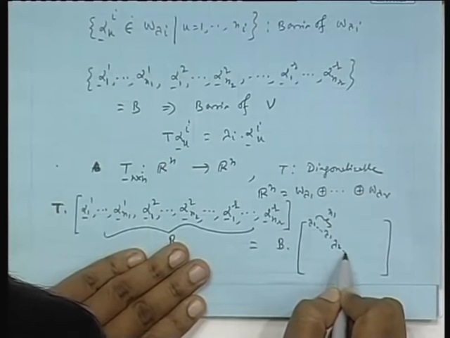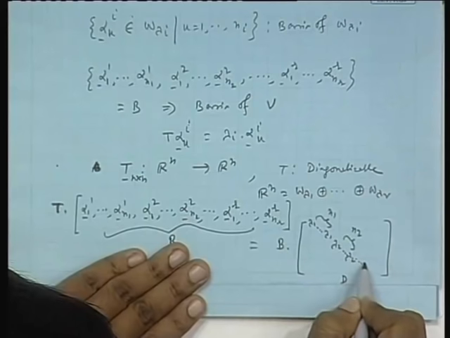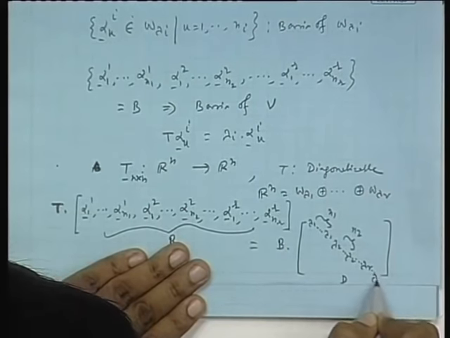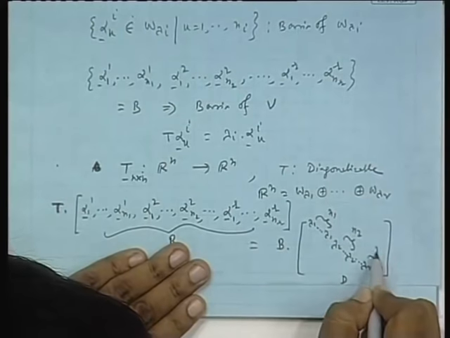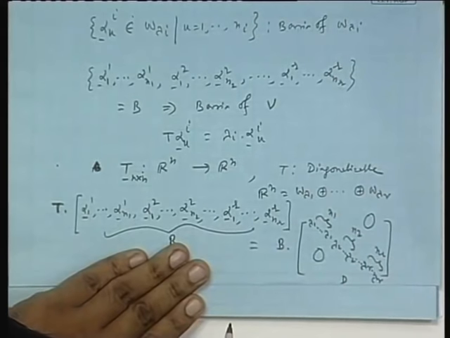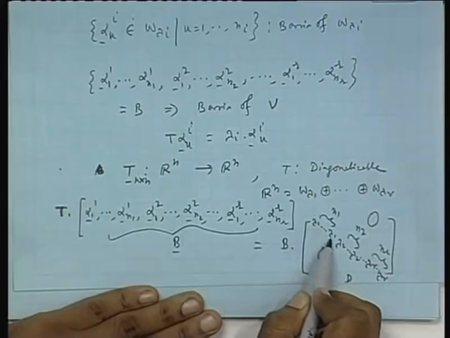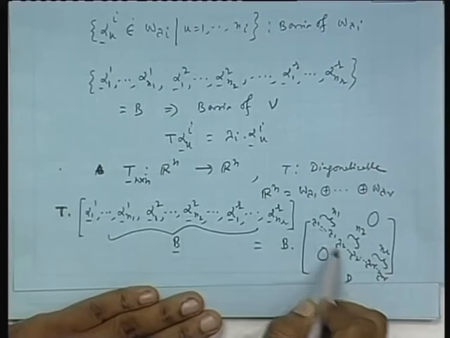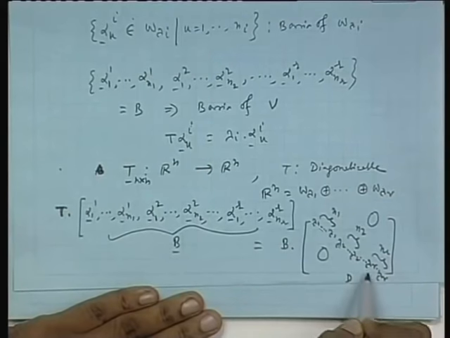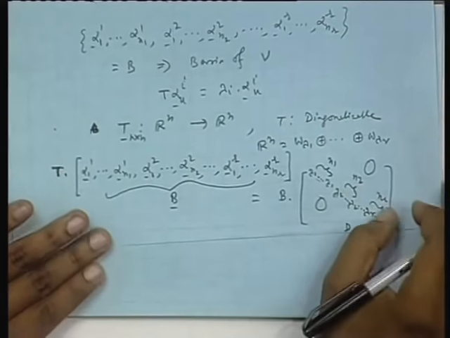Then lambda 2 dot dot lambda 2, n2 times, dot dot dot, lambda r dot dot lambda r, n r times, and 0 0 diagonal matrix. That is why n1 is called the multiplicity of lambda 1, n2 is called the multiplicity of lambda 2, dot dot dot, n r is called the multiplicity of lambda r. Before that, I will come to that again.